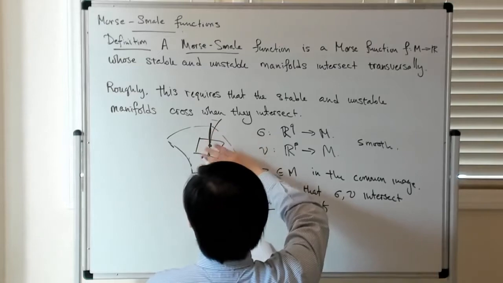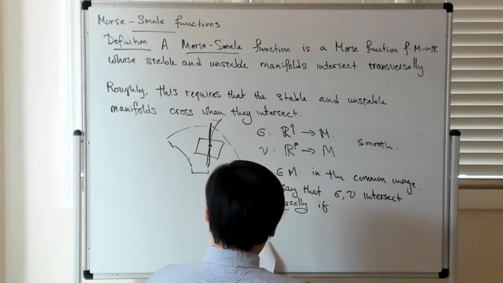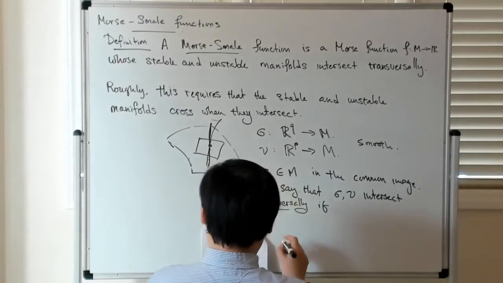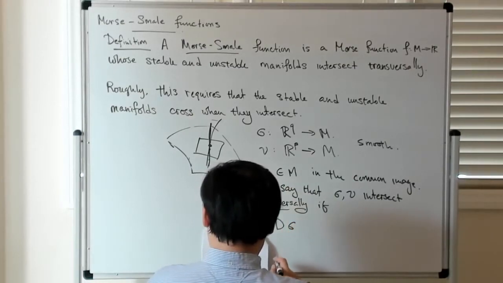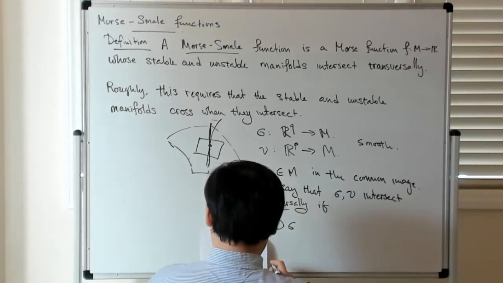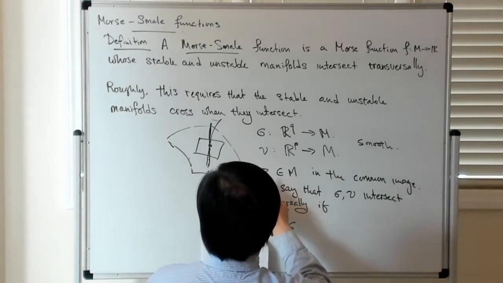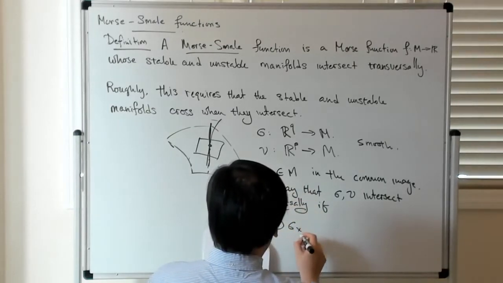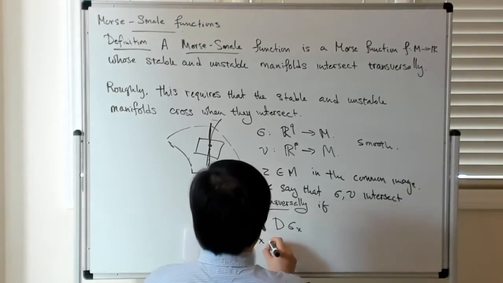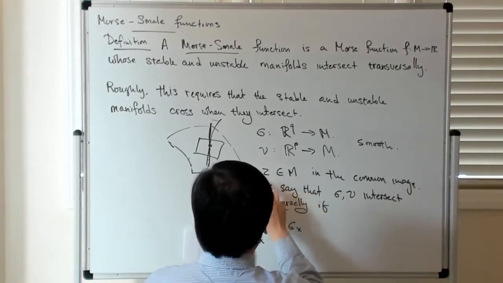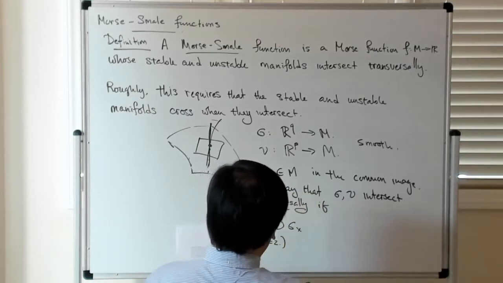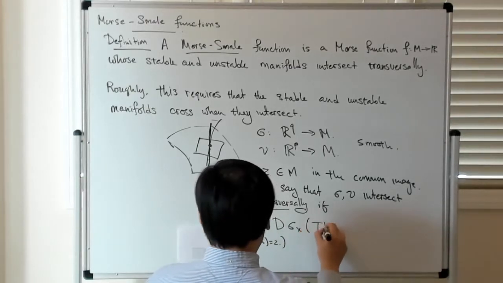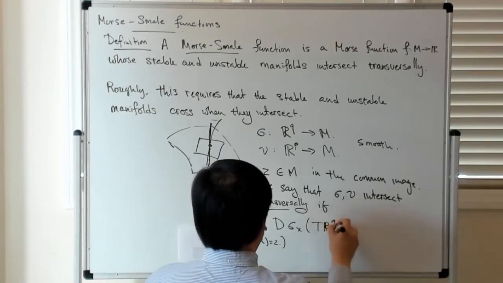If the tangent spaces of these things, right? So you take the linearization of the map at a point x. x is going to have the property that it maps to this common point z, right? So sigma of x is going to be z, times the tangent space at x of this space.